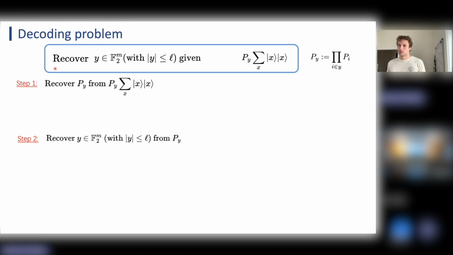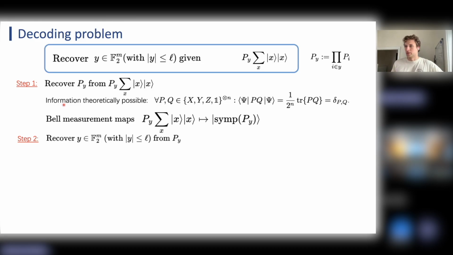First you have to figure out what this unknown Pauli is, so you have to recover what Py is. And then once you have Py, you're not done, because Py is the product of these Pi's that are given, and you still have to decompose Py into the small Pi's to figure out what this bit string y is. There are really 2 steps here. Unfortunately, the first step is just easy to do.